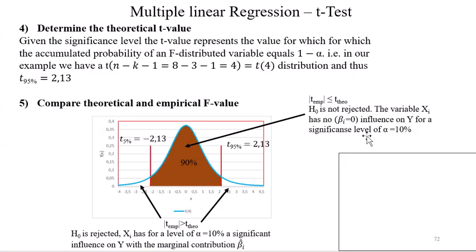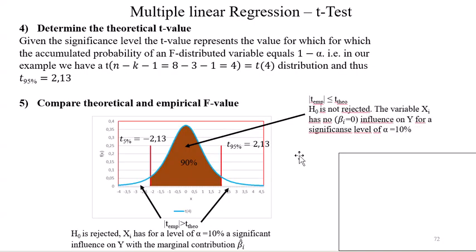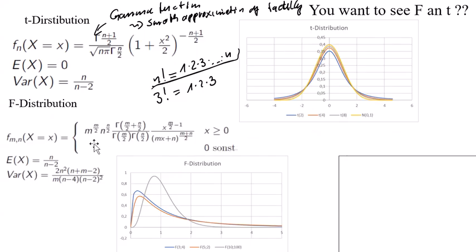Let's again choose an alpha level of 10%, and we now have a t-distribution depending on 4 within our formula here.